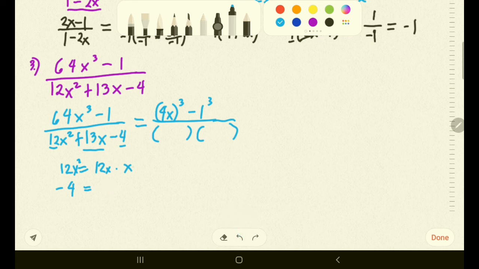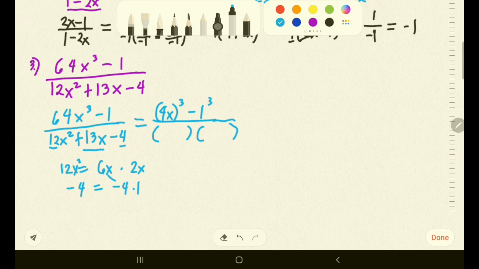How about using 6x times 2x, and for negative 4, your goal is 13x. If you partner negative 4 times 1, then multiplying by 6x and 2x, it would be negative 24x.